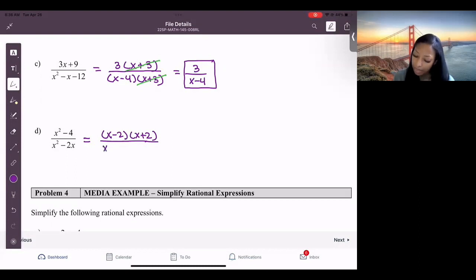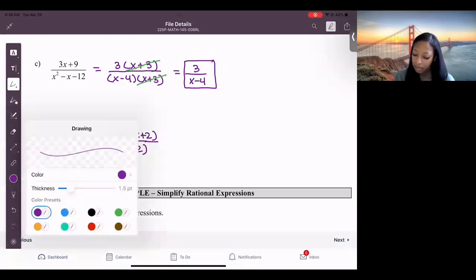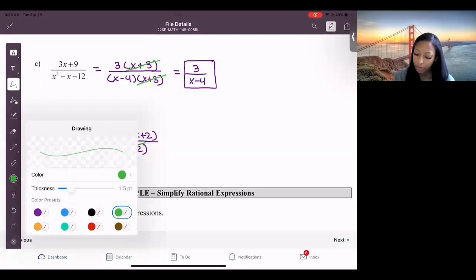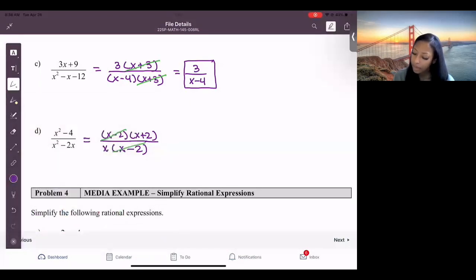So this would be x times x minus 2. All right, then we can cancel the x minus 2's, and we're left with x plus 2 in our numerator and x in our denominator.